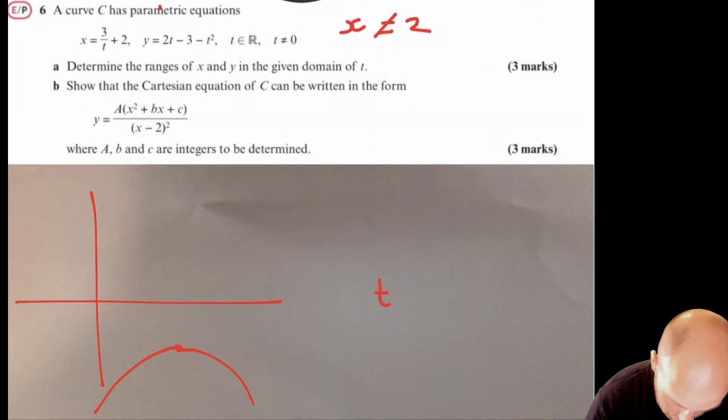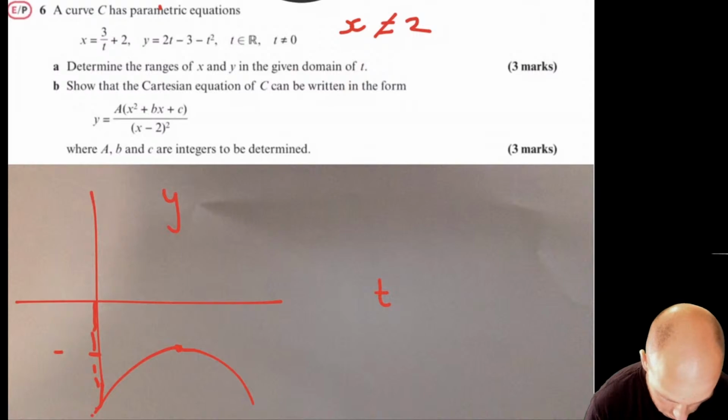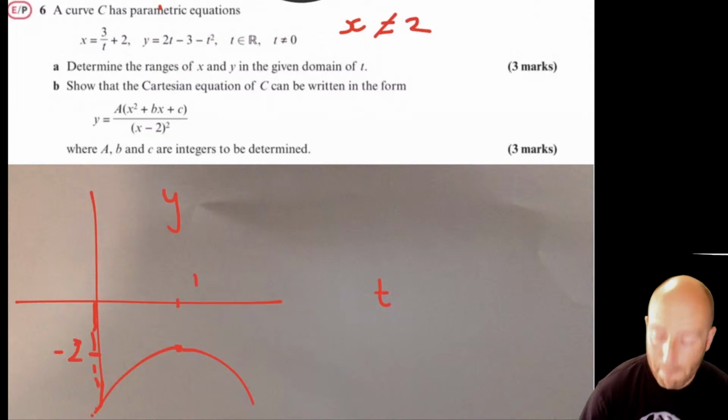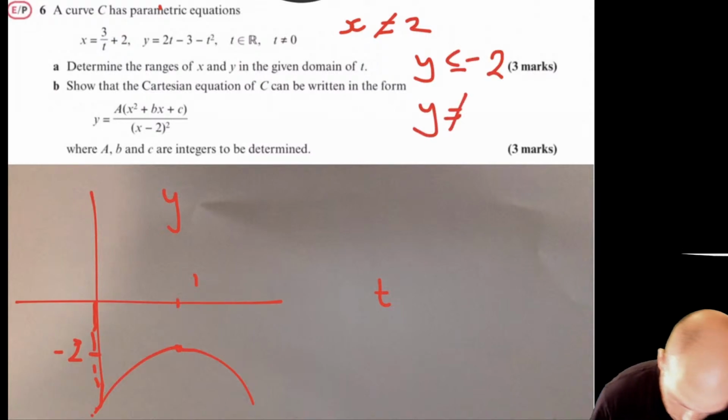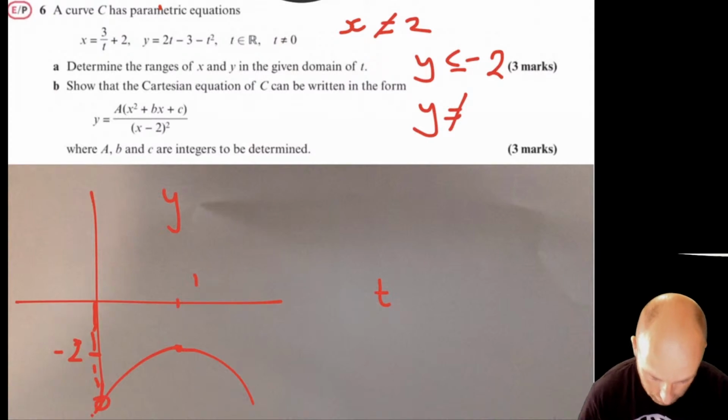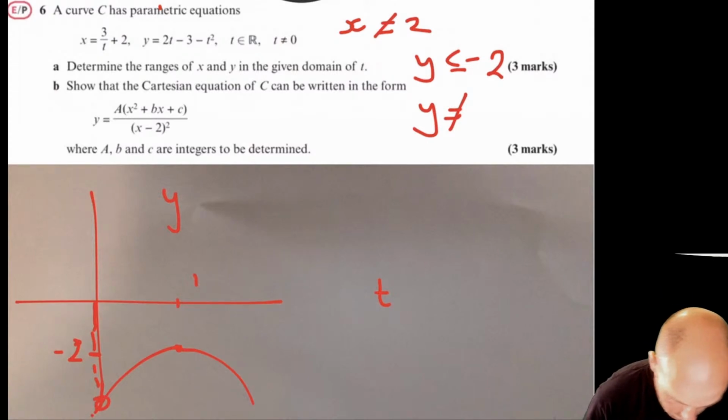And we know that t can't be 0. So y is, what's that going to be? That would be minus 2. Cool. So y must be less than or equal to minus 2, and y cannot equal wherever that value there is. That value there will be minus 3.